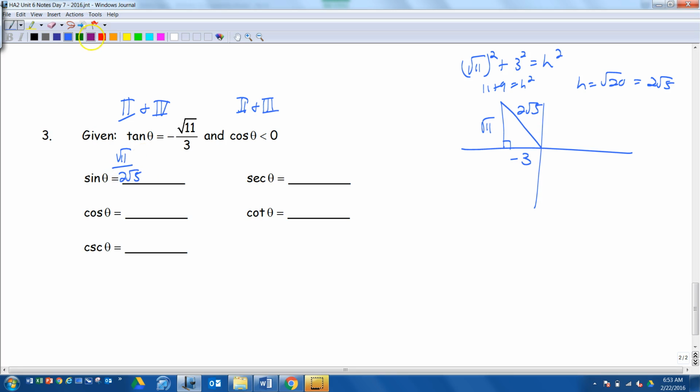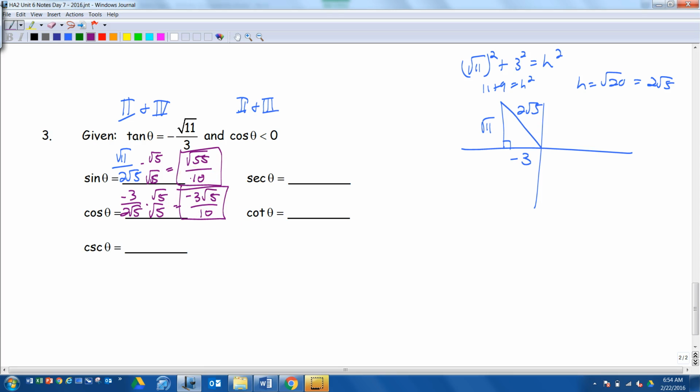We have to rationalize by multiplying by root 5. So sine is root 55 over 5 times 2, which is 10. Cosine is negative 3 over 2 root 5. Again, we need to multiply by root 5. So it's negative 3 root 5 over 10.